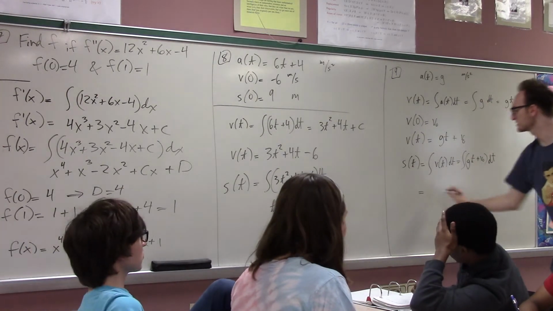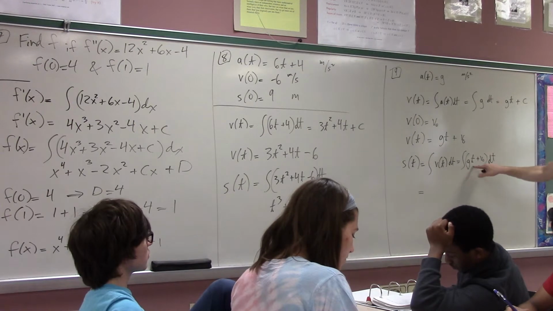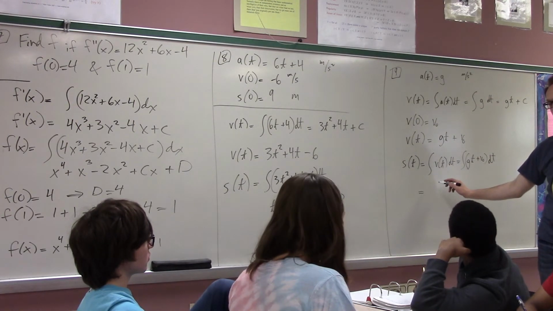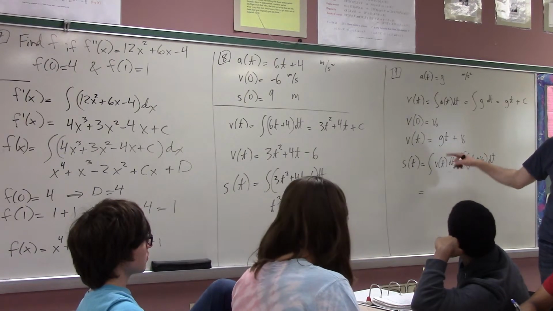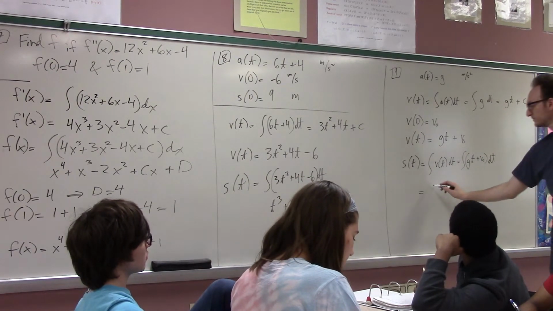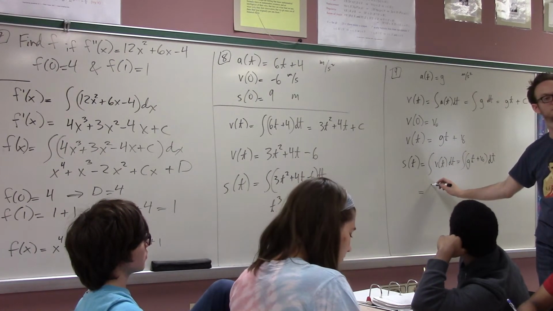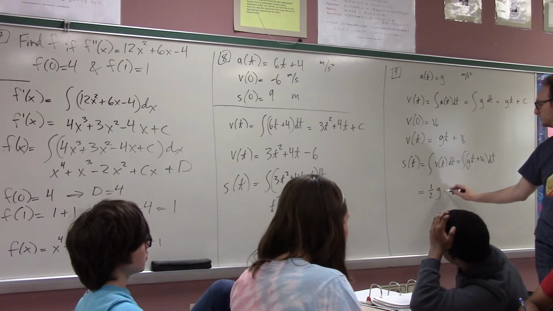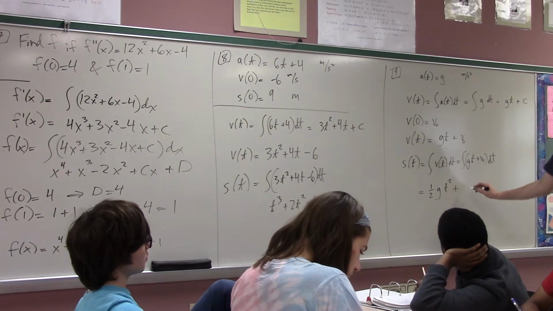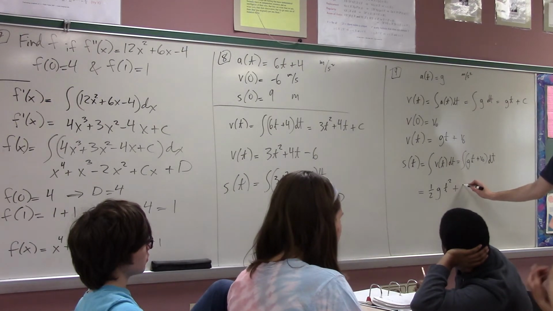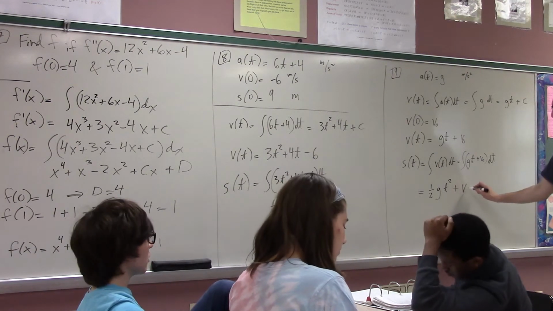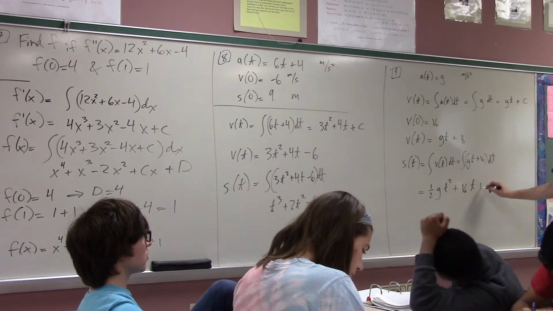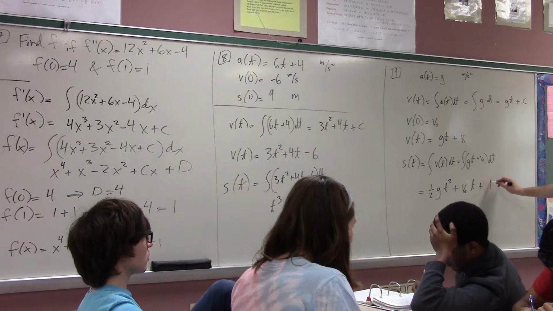So what happens when I anti-differentiate gt plus v0? 1/2 g t squared plus v0 t, is that what you said? Yeah, plus some other constant. Let's call it d or something.